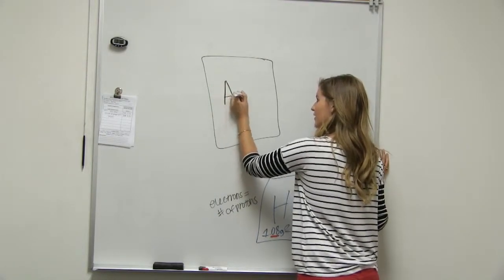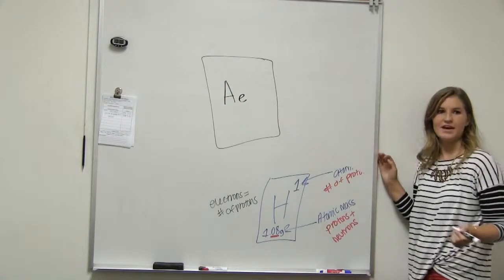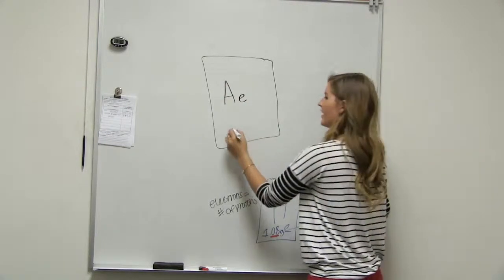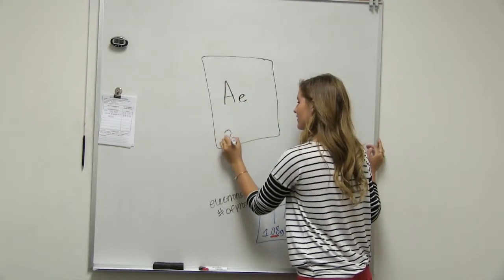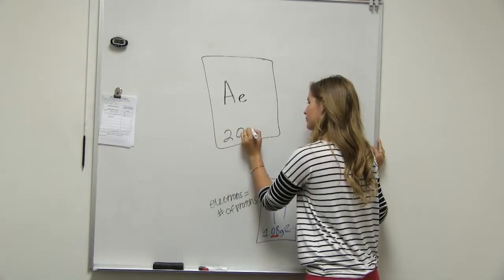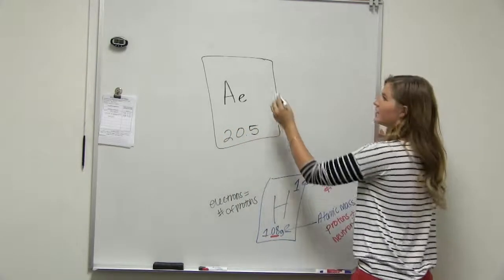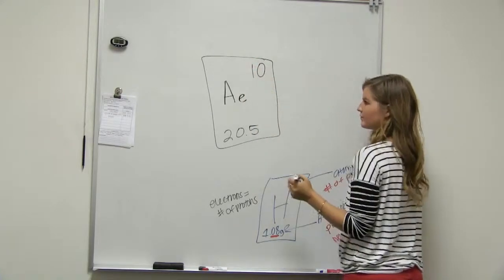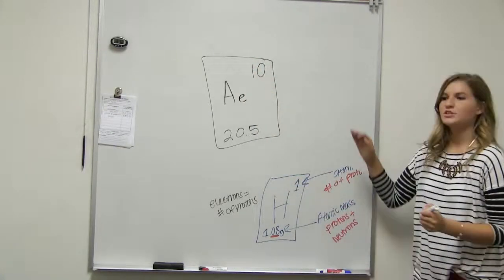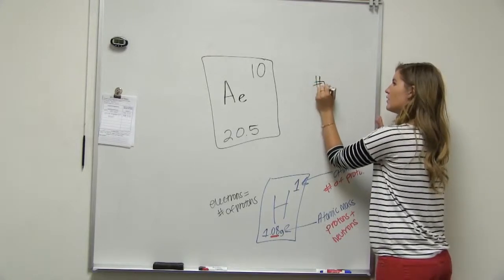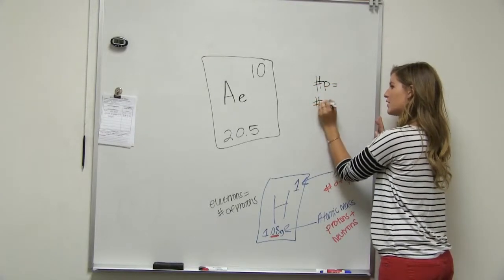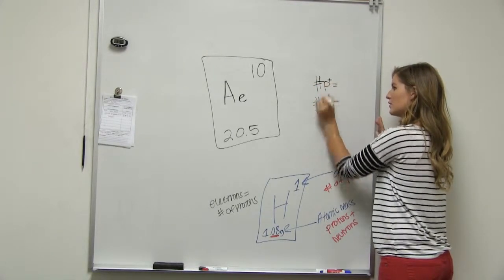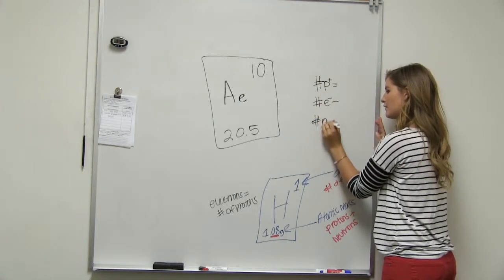Erickson. So we have the AE element, okay? How old are you? 20. Okay, so let's figure out the number of protons, number of electrons, and the number of neutrons.